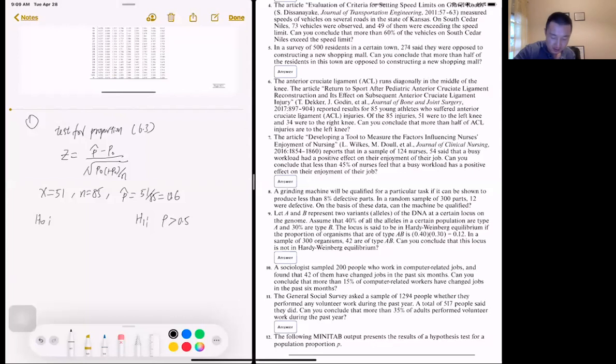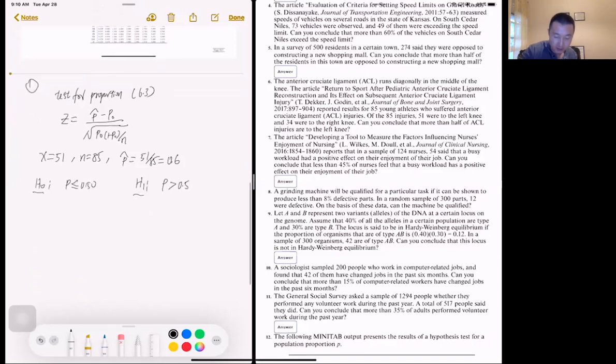The H0 will be the opposite: the population proportion p less than or equal to 0.5. This is the null hypothesis and the alternative hypothesis H1.